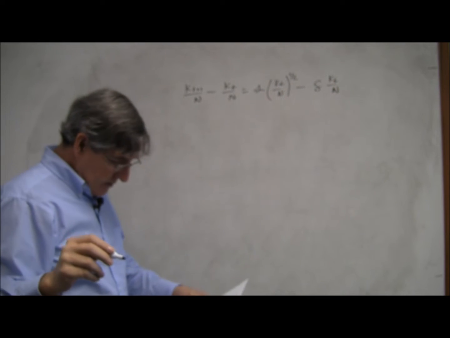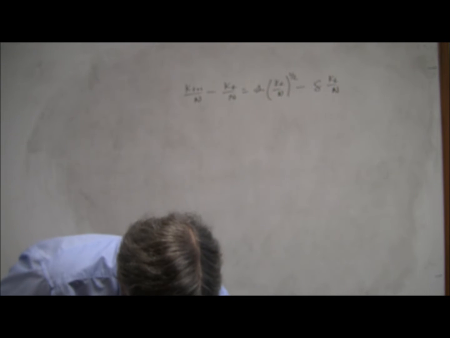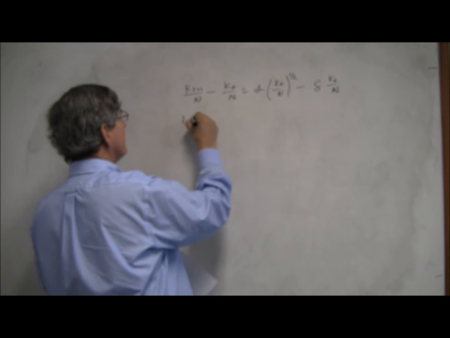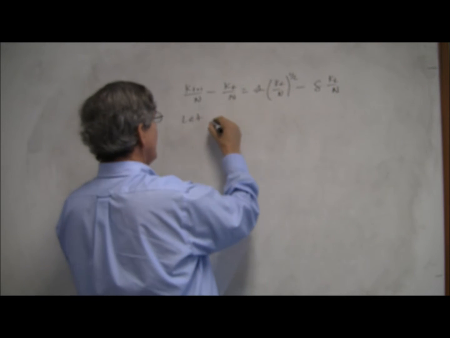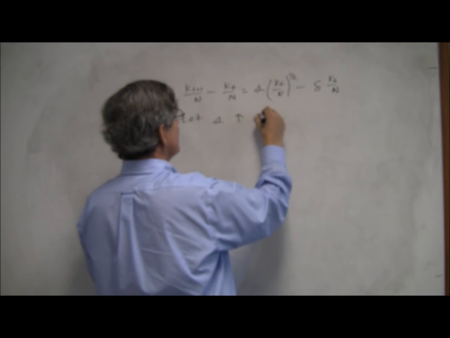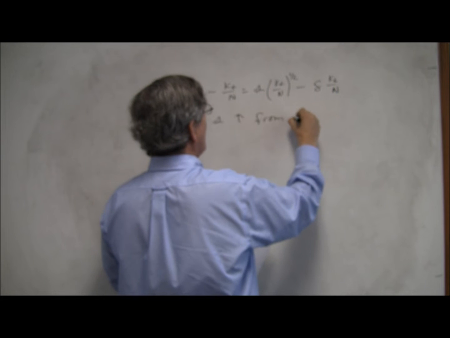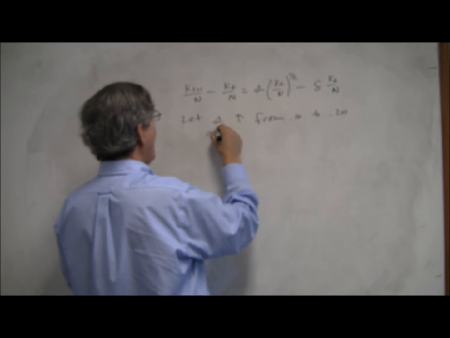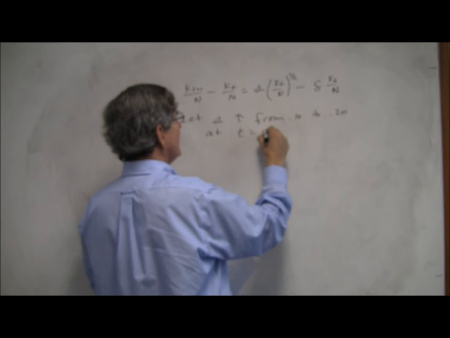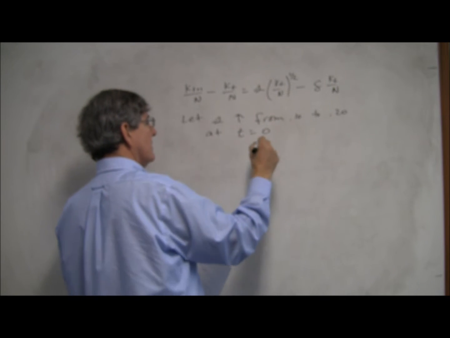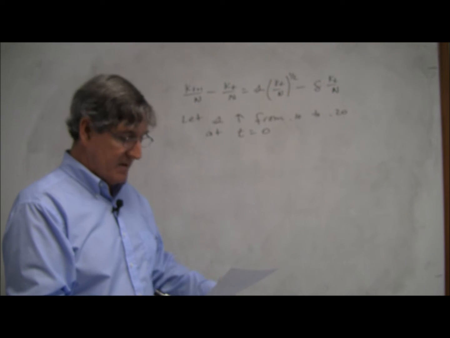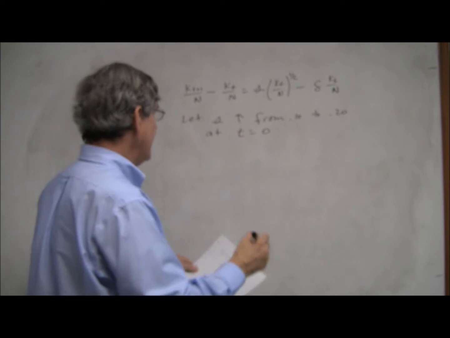What we're going to do is let the savings rate increase from 0.10 to 0.20 at time t equals 0. And then we'll look at what happens at t equals 1, t equals 2, and so on.